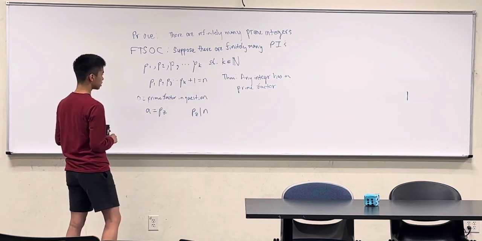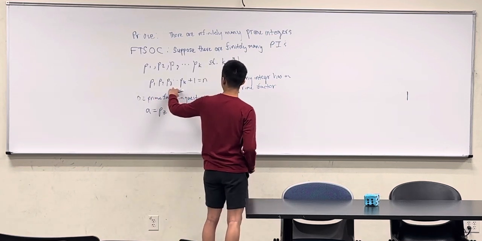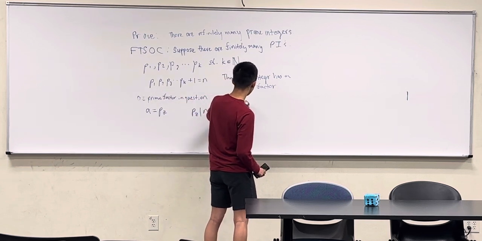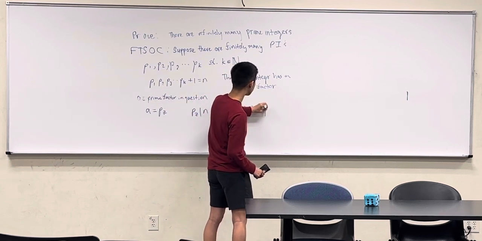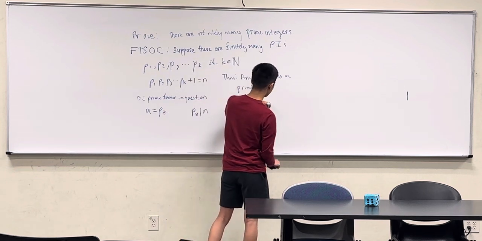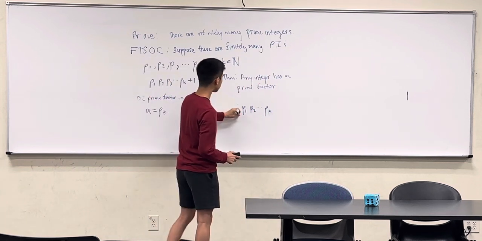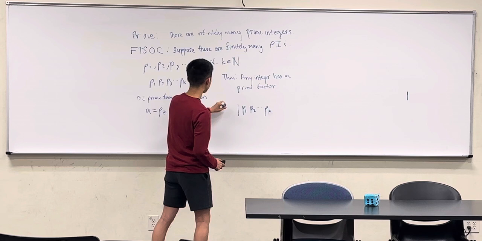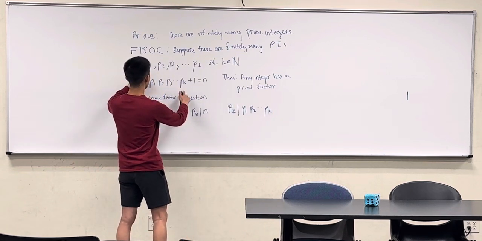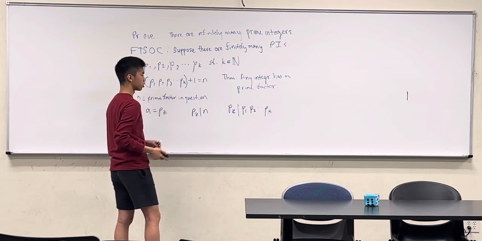What that also means is that this entire product, p1, p2, all the way to pk, is also divisible by pz, because remember, pz is one of the members of this sequence of prime numbers and their product.